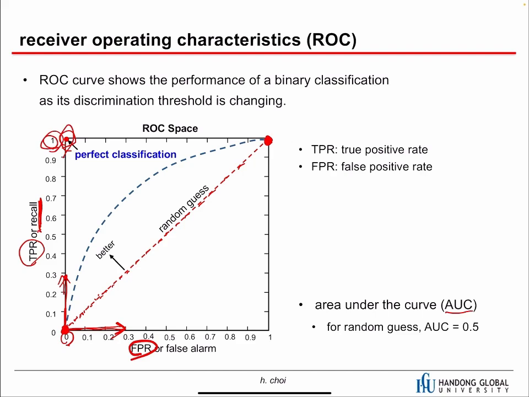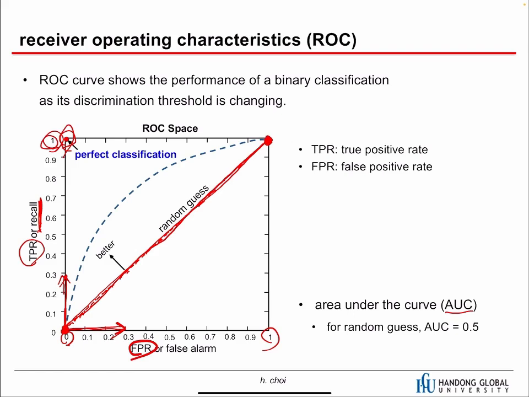The model can detect cancer all the time, but the model says it is cancer when the patient doesn't have cancer. So false alarm is 100%.